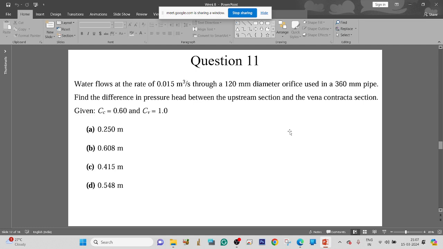So C is equal to 1 into 0.60 into pi by 4 into 0.12 square, multiplied by root 2 multiplied by 9.81, over 1 minus 0.6 square multiplied by 0.3333 to the power 4, whole square root. So C will come out to be 0.03, and Q is equal to C root over delta P upon rho G. So this is 0.015 equals 0.03 root over delta P by rho G. Therefore, delta P by rho G is equal to 0.25 meter.